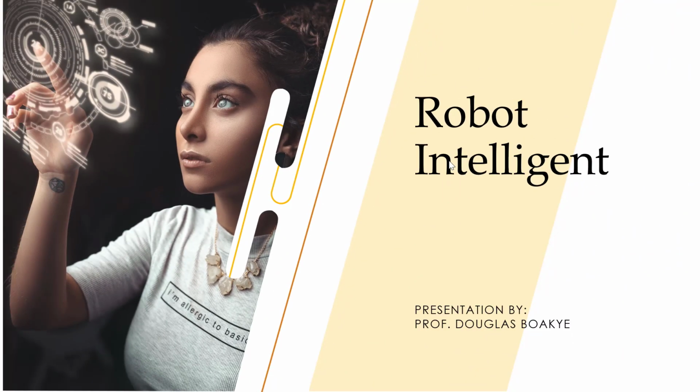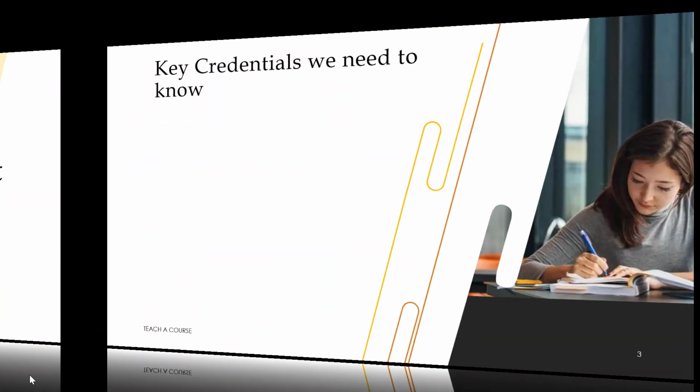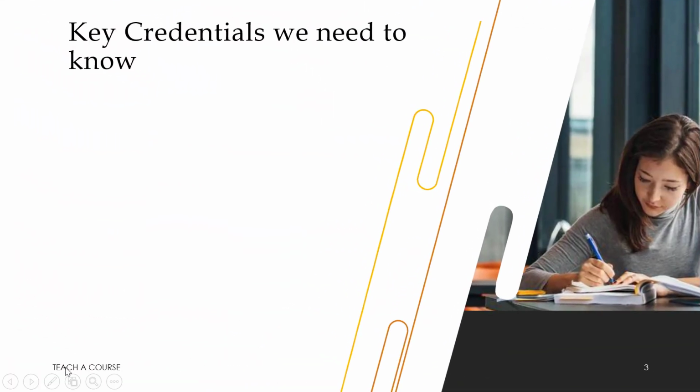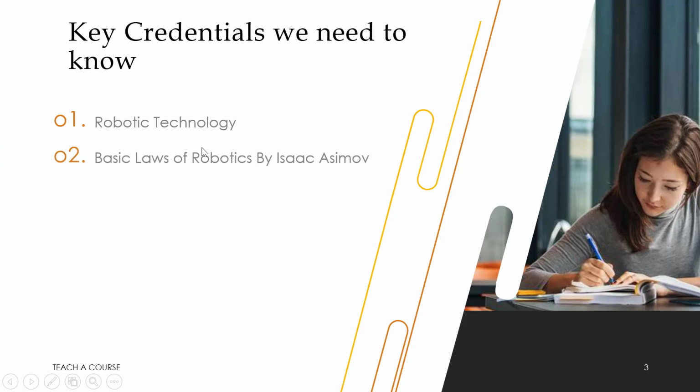Now, in this overall lesson, there are key credentials we need to know. I will explore the concept of robot intelligence and its objectives under the first key credential, that is robotic technology. The second key credential is the basic laws of robotics by Isaac Asimov.